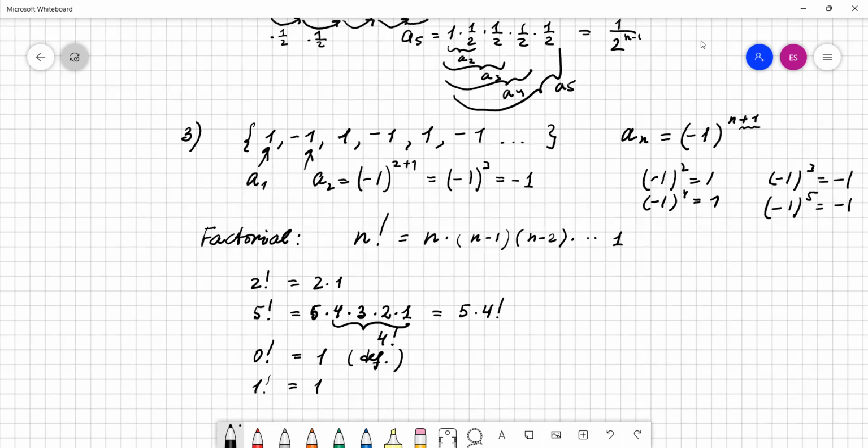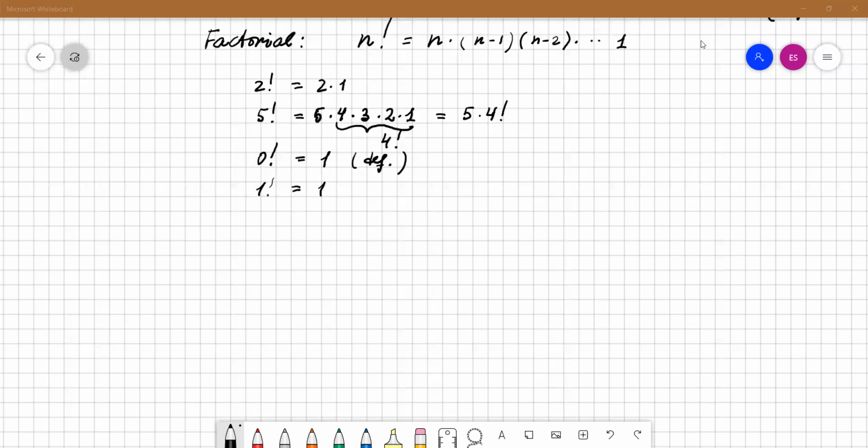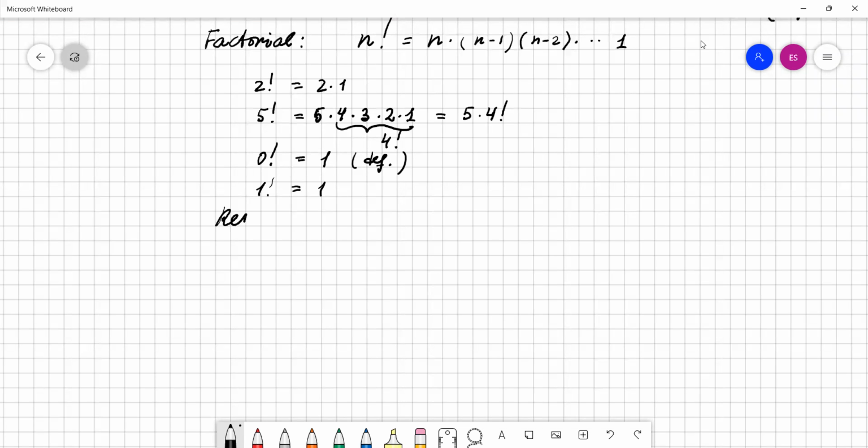Okay, besides giving formulas for the sequence explicitly, we can give something which we call a recursive formula. I'm going to start by giving you a sequence which has a famous name, the Fibonacci sequence.